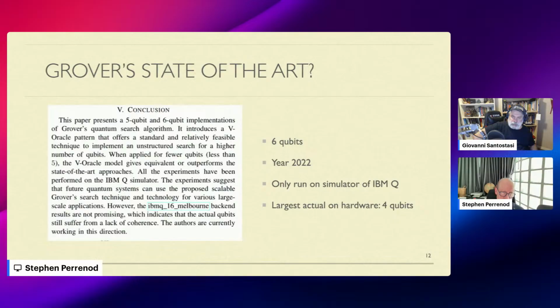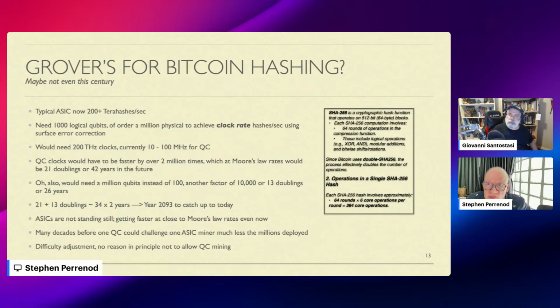And remember, we need to get above 1,000 in order to do even a single hash. So Grover's for Bitcoin hashing. Typical ASIC is now 200 plus terahashes per second. There are ASICs coming out with as high as 800 terahashes, supposedly by the end of the year.